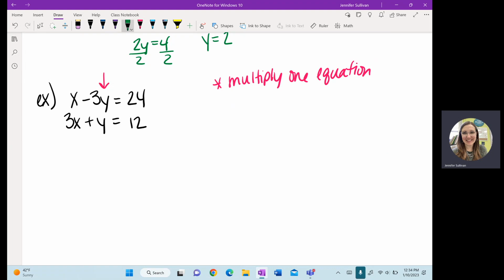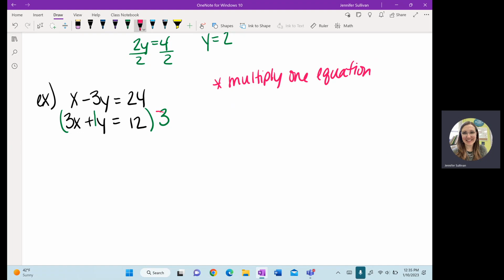Okay, well, here's what I do. I figure out what is the number in front of this y when I don't see something. It's a 1. So what can I multiply a 1 by in order to turn it into a 3? I'm going to multiply it by 3. And so what that means is that I'm going to multiply the entire equation by a 3.